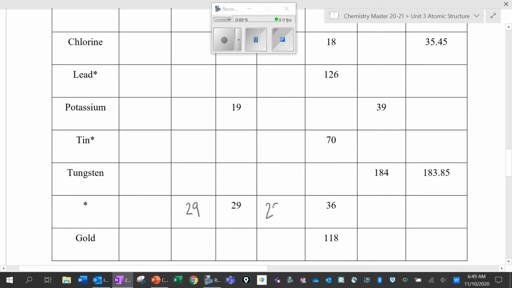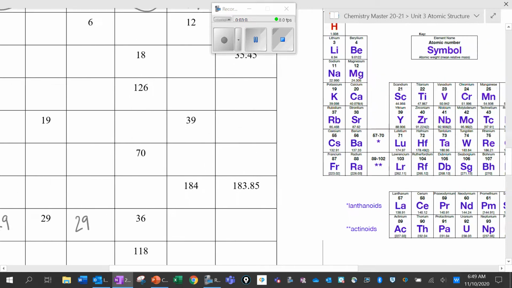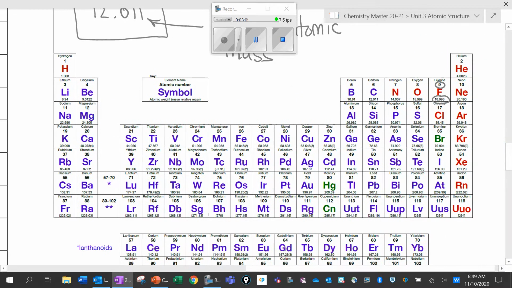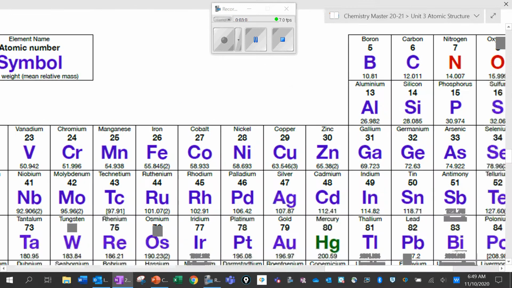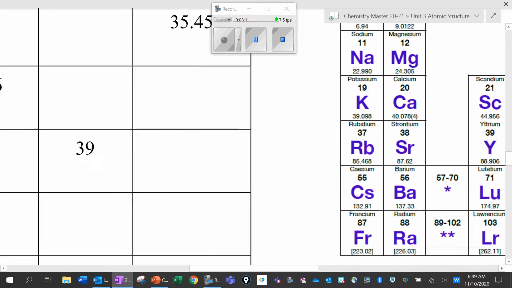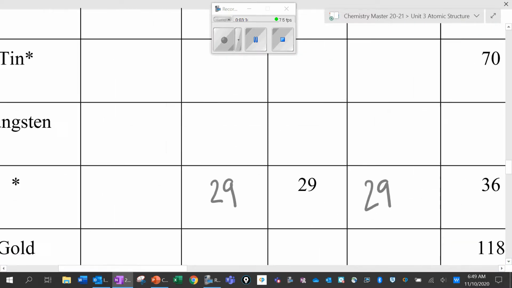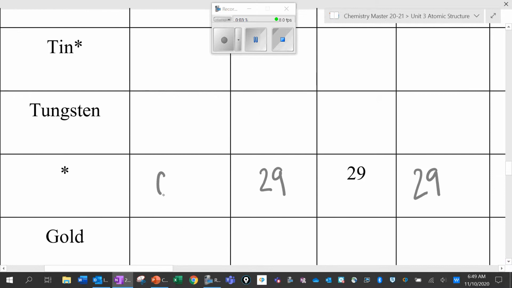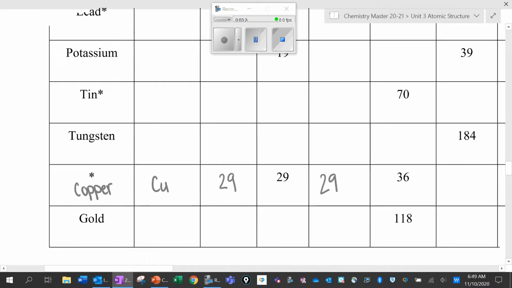It must also have 29 electrons. And if I look at my periodic table, what element has an atomic number 29? Well, this looks like copper. So it looks like my element here is copper, so I'm going to fill that in. And then let's fill in the rest of it.